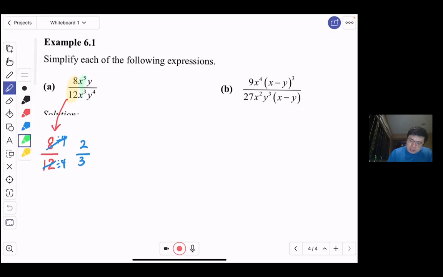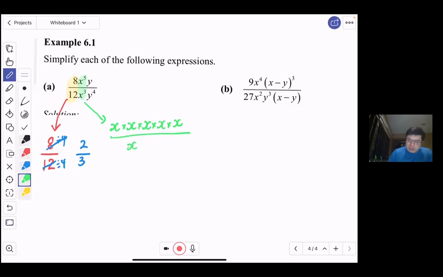Now we look for the same term, like x power 5 and x power 3. x power 5 is like x multiplied by x, multiplied by x, multiplied by x, multiplied by x. And the denominator, x power 3, is like x multiplied by x, multiplied by x. If you want to simplify this, the common factors you can cancel off are 1, 2, 3, 1, 2, 3.